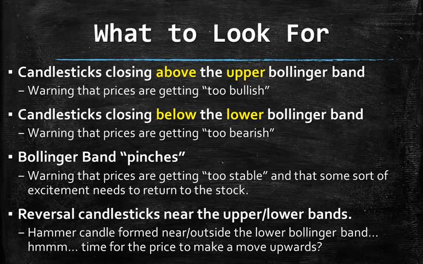Bollinger Band pinches, these are warnings that prices are getting too stable and that some sort of excitement needs to return to the stock. So this isn't something you totally freak out about, but a lot of people actually like to play Bollinger Band pinches. It shows that the volatility and everything has really kind of just left the stock. It's narrowed down, and then the price is going to make some sort of direction.